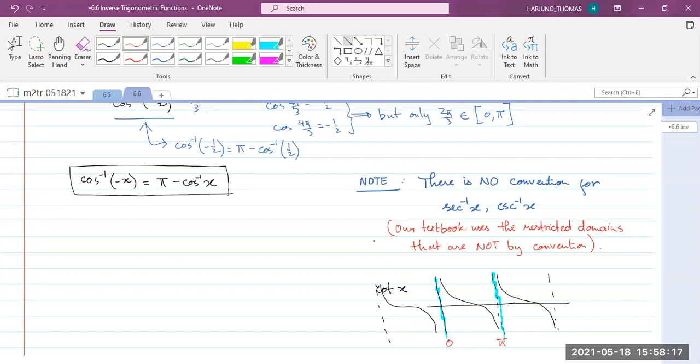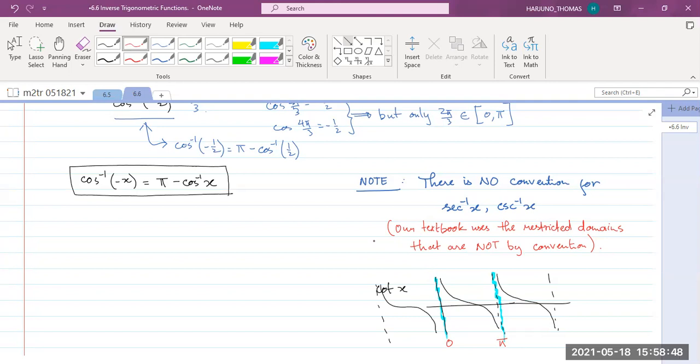But after that, do we use quadrant 4 if negative, or 2 if negative, or 3 if negative? We don't know. There's no convention for the restricted domain when it comes to secant inverse and cosecant inverse, except when it's positive, which gives us quadrant 1.